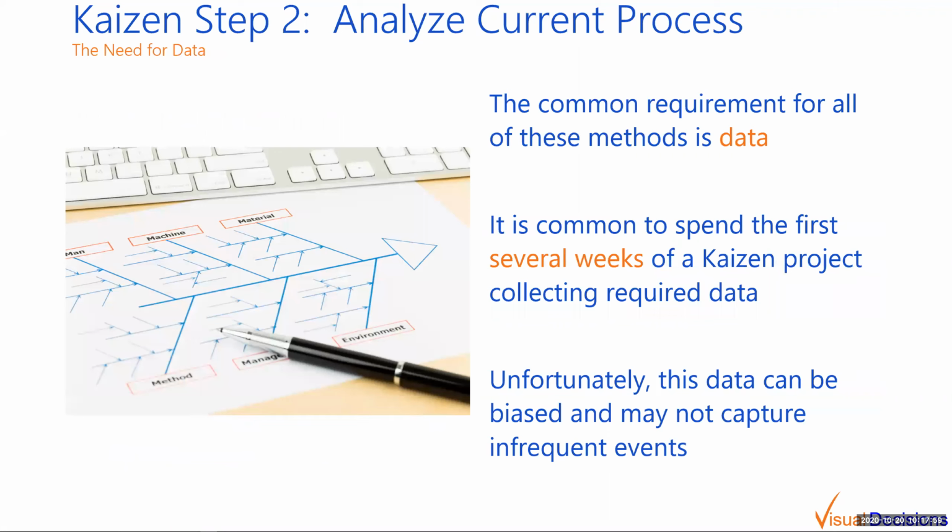Just as an example here, looking at a fishbone or an Ishikawa diagram, you're looking at a problem and trying to decide what are the causes that impact that problem, whether it's man, machine, material, method, management, environment, etc. And not only what does impact it, but how much does it impact it?